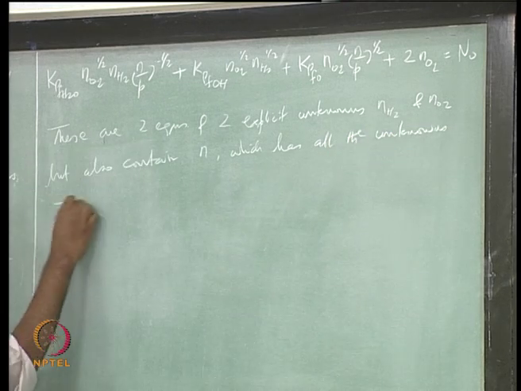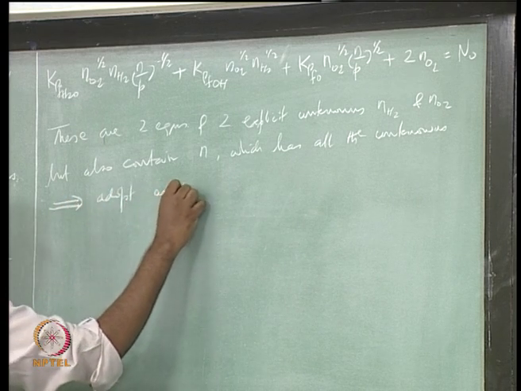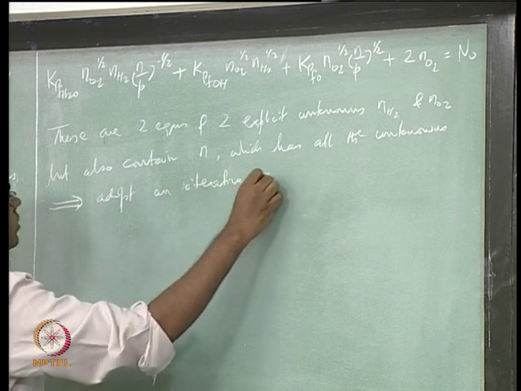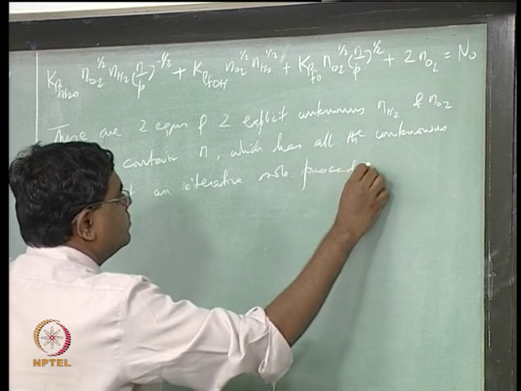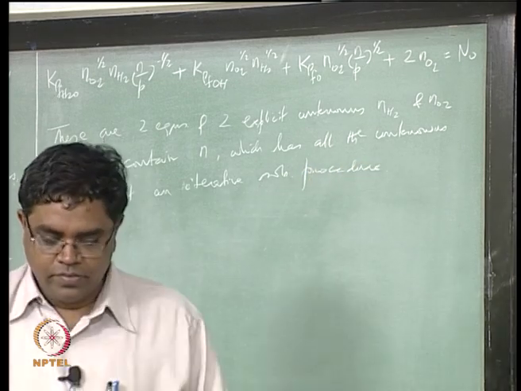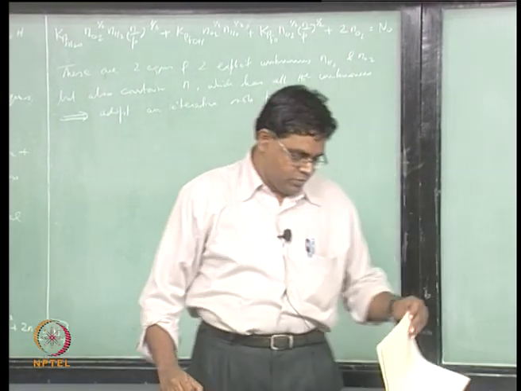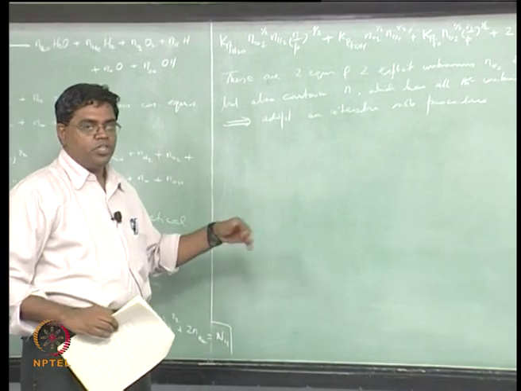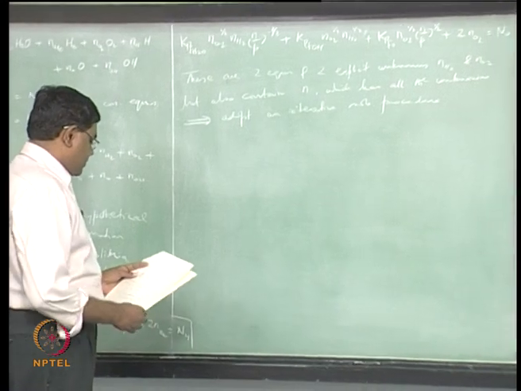So which means we adopt an iterative solution procedure, right. This is a bit of a cumbersome process. If you are sitting in an exam, you hope that you don't get a question on even one iteration to be manually calculated, because it's a bit of a nightmare.